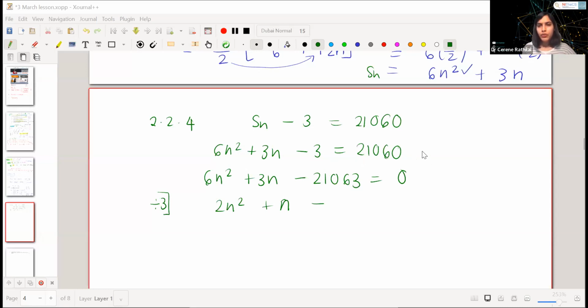So in order to go from this step to this step, I need to subtract 21,060 from both sides of the equation, don't I? So it becomes -3 minus 21,060, which is how I've got minus 21,063. Is that clear? Is the negative now clear?